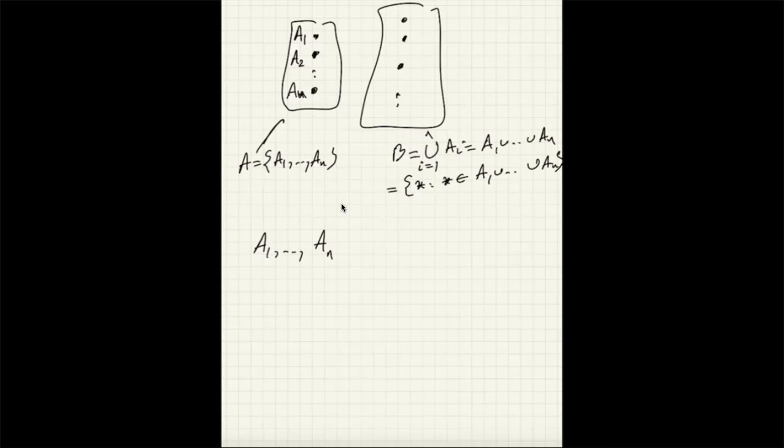Okay. And then if I have an element x here and I have a set Aj here, I will put an edge between them if and only if x is contained in Aj. So if I have A1, A2, ..., AN sets, I can build this bipartite graph gamma.